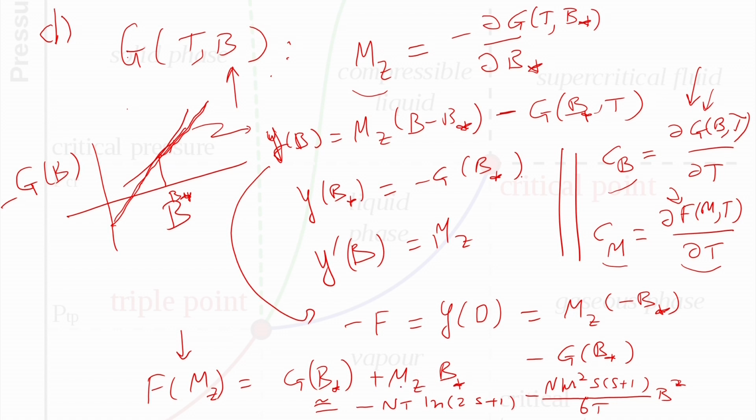So B times mz. So mz is 1/3. If you remember, mz was, I'm going to write it here, plus 1/3 s into s plus 1 times b mu squared by t times b, because there is a times b.